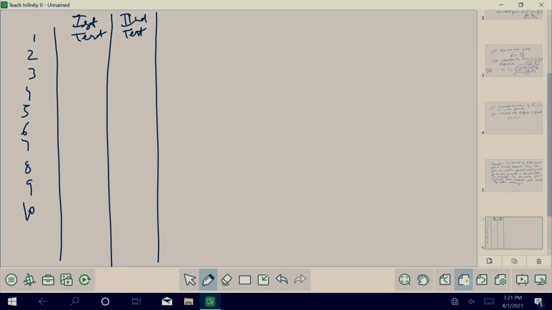So see, roll number 1 gets 36 marks before coaching, and after coaching 32. Roll number 2 gets 40 marks and after coaching 42. Similarly 38, 30, 36, 36, 24.